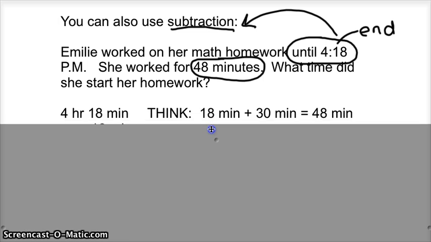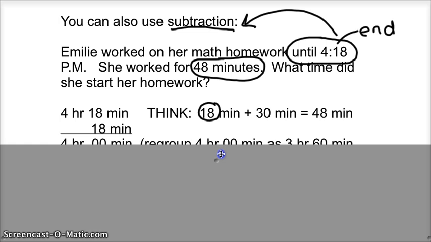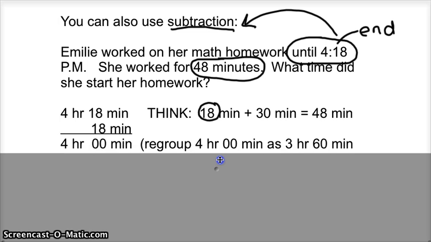We're going to start at 4:18. I know 4:18 is 18 minutes past 4. So first I'm going to take away 18 minutes to get to the hour, which is 4 o'clock. Okay? 48 minus the 18 minutes we used means that we still have to go back 30 minutes.